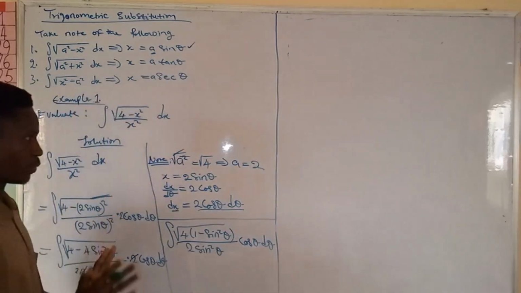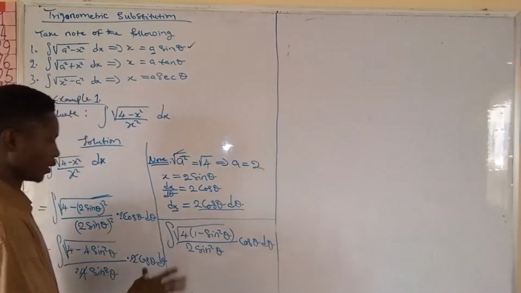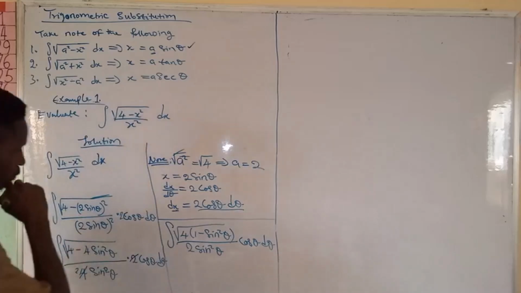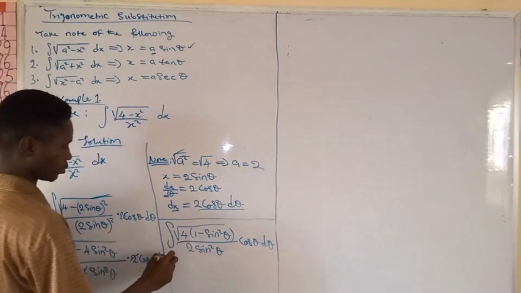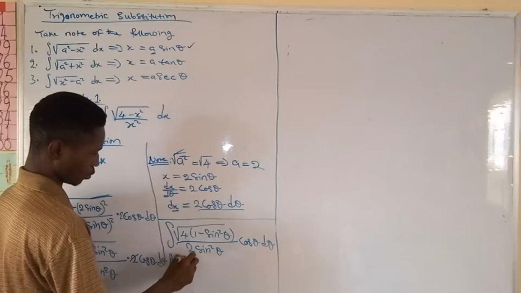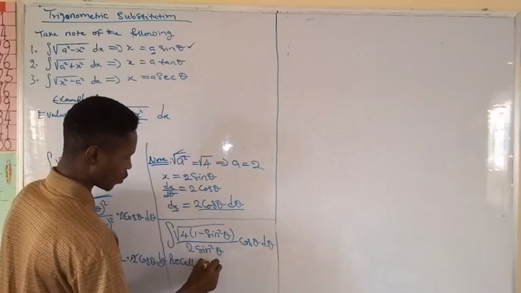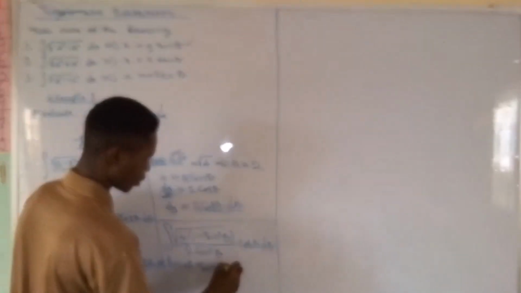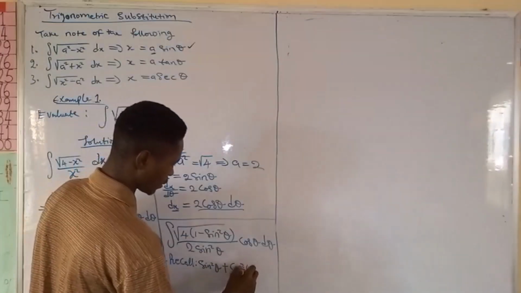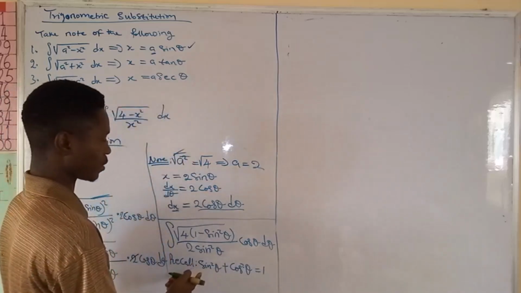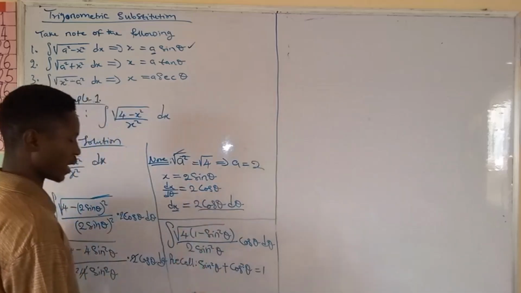So this is very simple, just follow me. So at this point, what else do we do? Also recall that sin square theta plus cos square theta is equal to 1. I think we handled this in our last class, or in our last 2 classes.